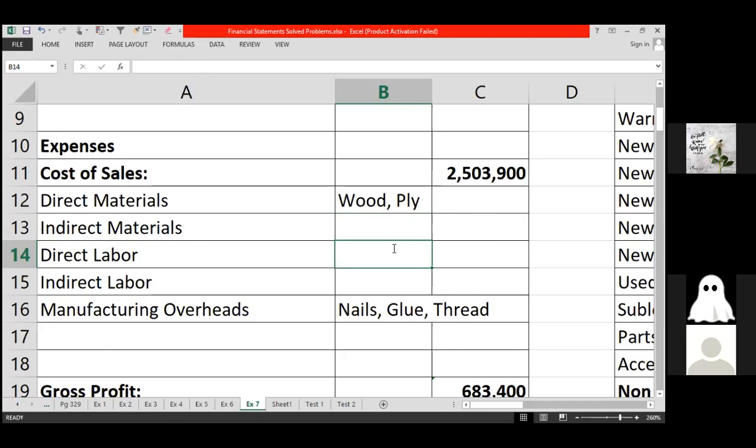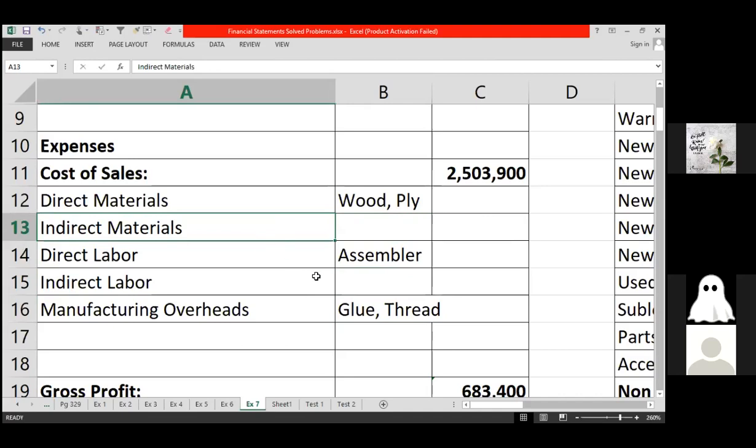So direct labor would be the assembler, or let's say carpenter in our case. Or let's say just the assembler. So the assembler or who's working on the product, manufacturing the product, is a direct labor, but supervisor has been put in indirect labor.